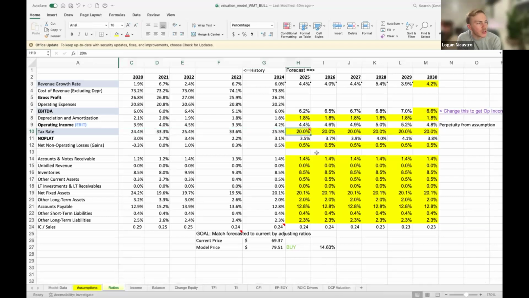We think that they could go down to 20%. And with those figures in mind, we arrived at a model price of 79.51, which is 14.63% higher than the current share price. So we recommended a buy on the bull side.